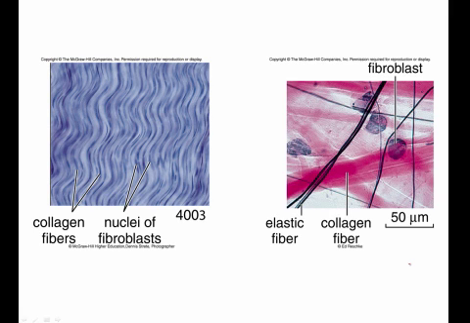There's going to be a lot more of the gelatinous material here. The dark spots would be the fibroblast, the actual living cell. You can see the various fibers throughout this tissue, the collagen, the elastic fiber. Some of those other very thin branched fibers might be reticular fibers. And then the lighter space contains the gelatinous material.